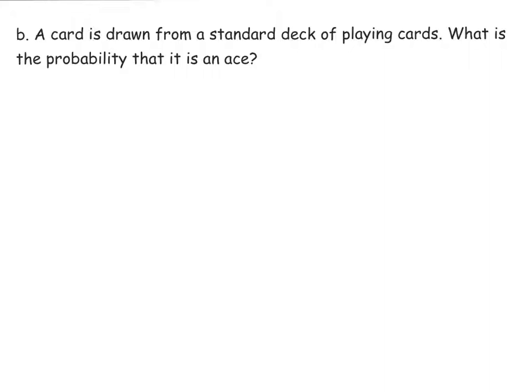All right, here's another one that's just the probability of a single event. Think of our definition now. 2 things. How many outcomes are in the sample space? How many ways can the event that we're referring to happen? So if you draw 1 card from a regular deck, there's 52 cards in the deck. There's your sample space.